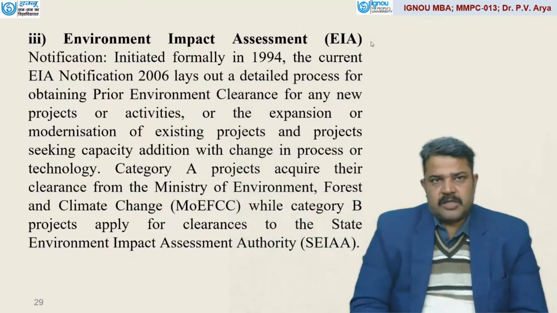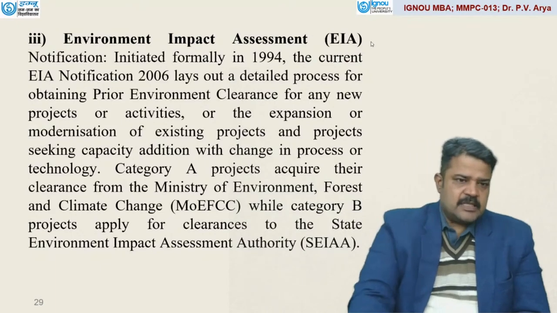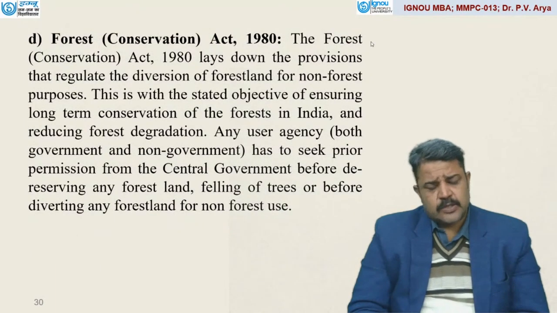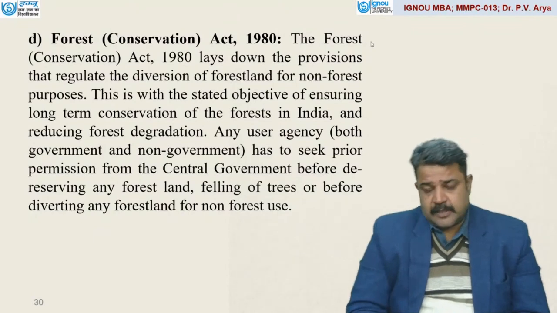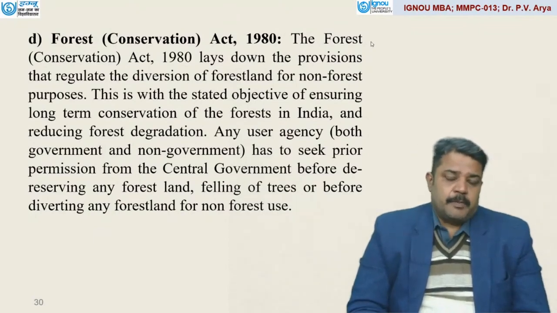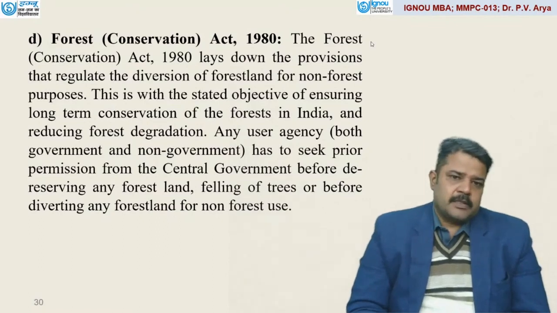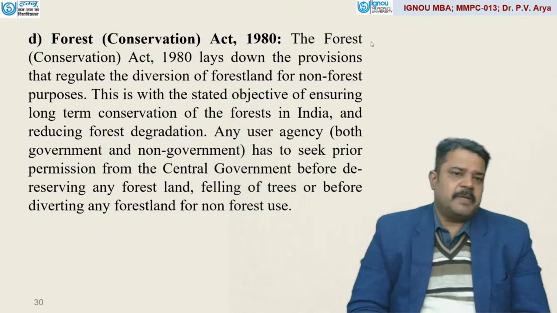And another important act in this context is environment impact assessment. So this is related to the concept that there is a categorization of industry that can be set up. Before setting up of an industry in an area, it needs to have a mandatory clearance of environment impact assessment.